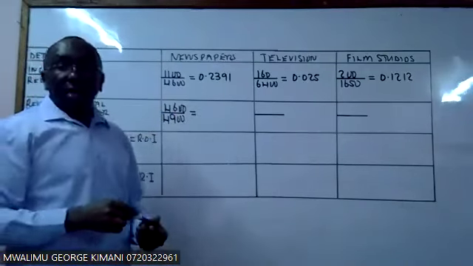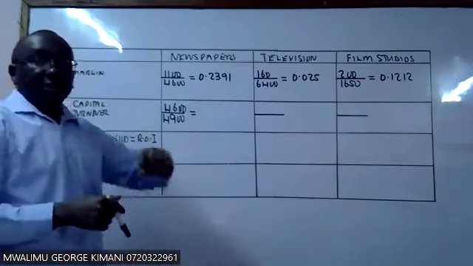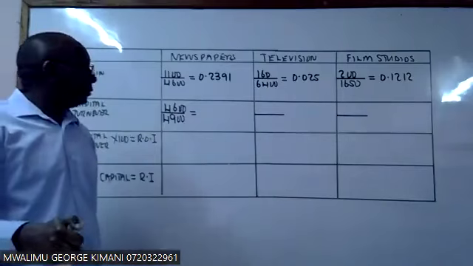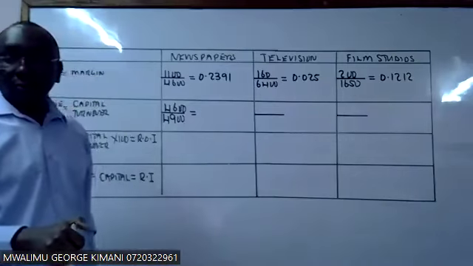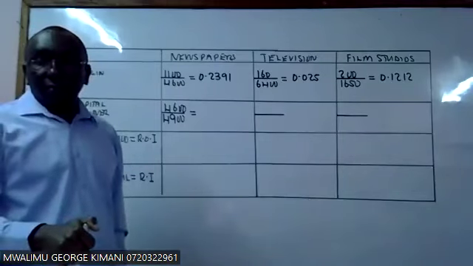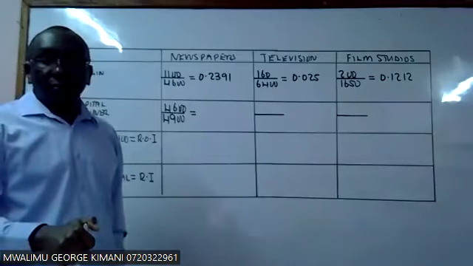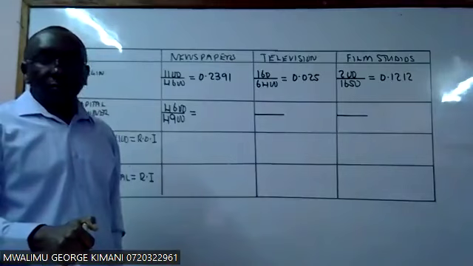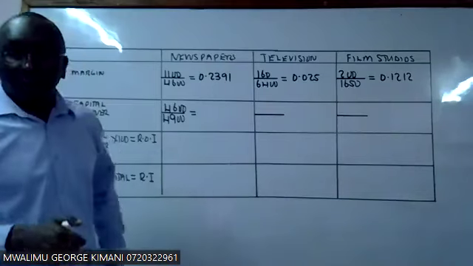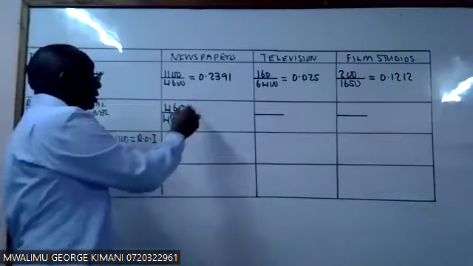So this is showing us for every shilling of the assets, how much revenue do we generate? 0.9388.